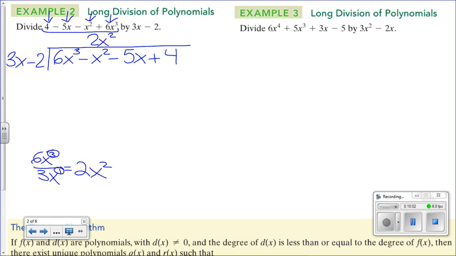Okay, so Sassini, what is the next step? I can't hear you. Okay, so 2x squared times 3x, that will be 6x cubed. And we know it's 6x cubed because you multiply the coefficients, 2 times 3, that is 6.